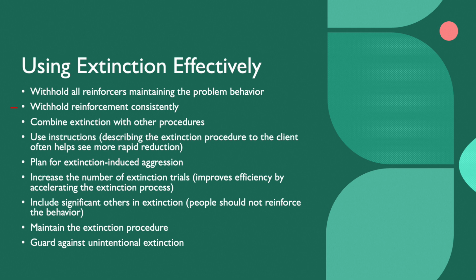And if you're pairing this along with another intervention, then let them know how they can access the reinforcer. If you engage in X, Y, and Z behavior, here's how you can get the reinforcer instead. And often when you describe to the person the procedure that you're implementing, you're more likely to see a rapid reduction in the behavior.